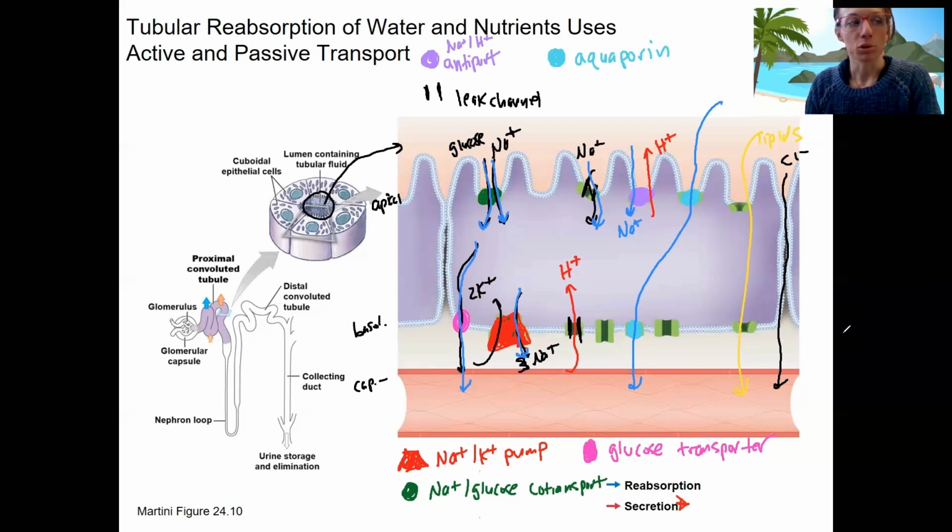Bicarbonate. We want to be able to reclaim bicarbonate. And that's going to be linked to this hydrogen ion secretion. So that hydrogen ion is coming in from the blood, we're secreting it. That's actually passive diffusion.